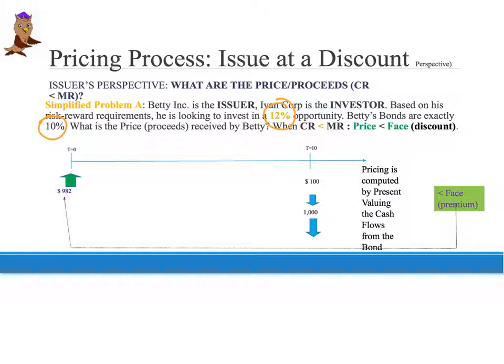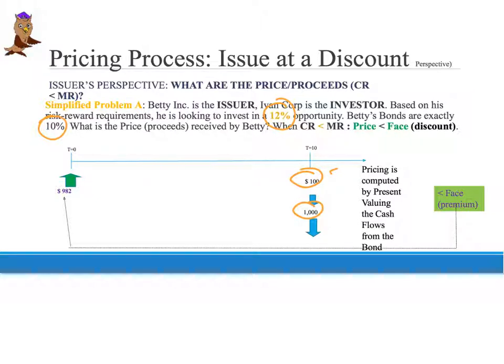But Betty says, don't worry, I can adjust my bond through the pricing to effectively give you the 12% you want. Let's look at the cash flows again. See here, $100 is the interest payment, and $1,000 is still the return to the investor. That doesn't change. The cash flows are the same because the terms of the bonds are fixed. They cannot change.